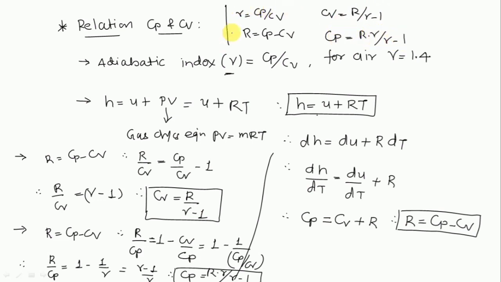These four equations are very important from the exam point of view, because if the values of Cp and Cv are given and you want R, you can calculate R by this equation. It may be asked in the examination directly or indirectly. So remember these relations.